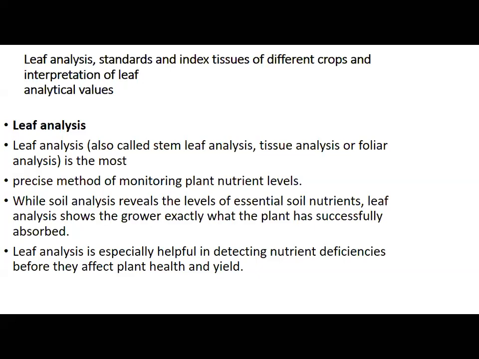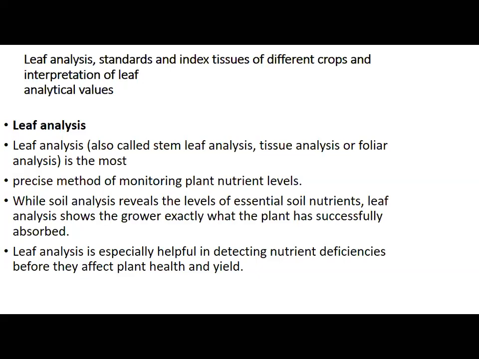When soil testing reveals the levels of essential nutrients, leaf analysis shows the growers or cultivators exactly what the plant has successfully absorbed or taken up. That amount can be easily determined by leaf analysis. So it has a significant importance in plant analysis.